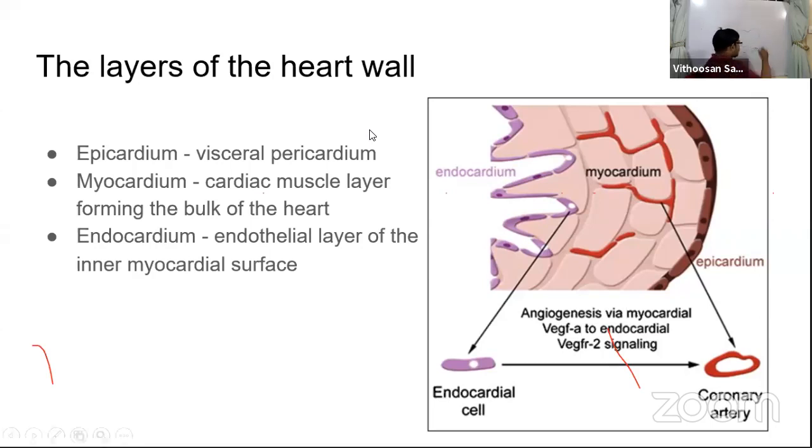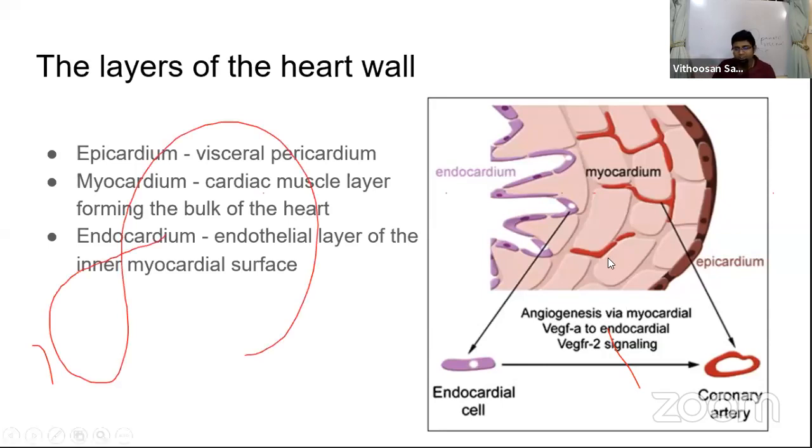One is the parietal pericardium, P-A-R-I-E-T-A-L, and the other is the visceral pericardium. This visceral pericardium is the one you call the epicardium. Then next to that we have the myocardium, which is your muscle.